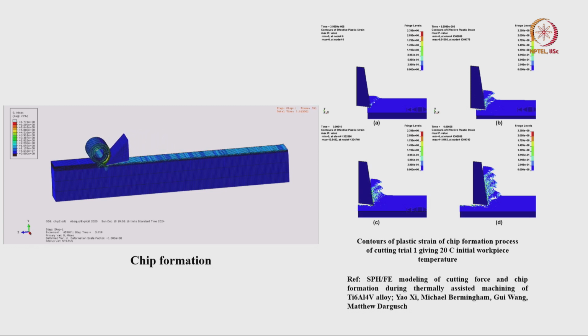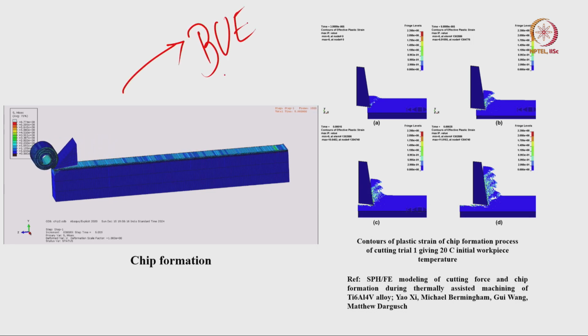These continuous chips can modify the cutting edge of the tool and can result in BUE, that is built up edge formation, which can generate a blunt tip of the cutting tool, and that in return can degrade the dimensional tolerance of the machined surface. So then you have to have chip breakers in place.